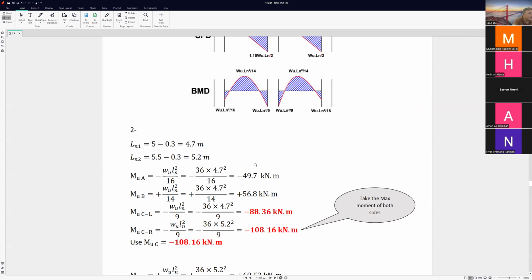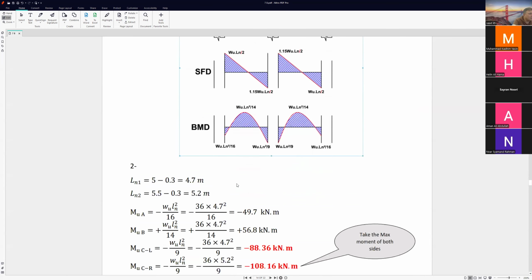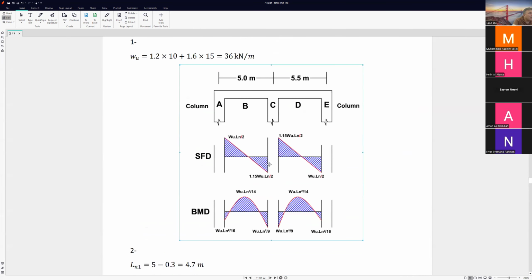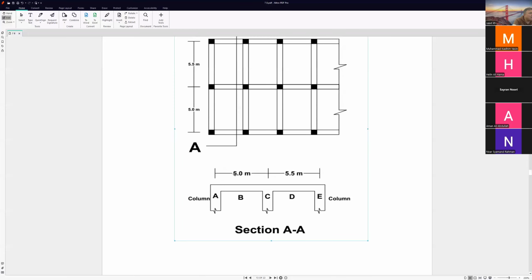So this is the negative one, okay? Also we have Wu Ln squared over 14. This is the positive one. Okay, we have at the C here. What about this one? Here we have 5, here we have 5.5. Can we apply our approximation? Yes. Why?